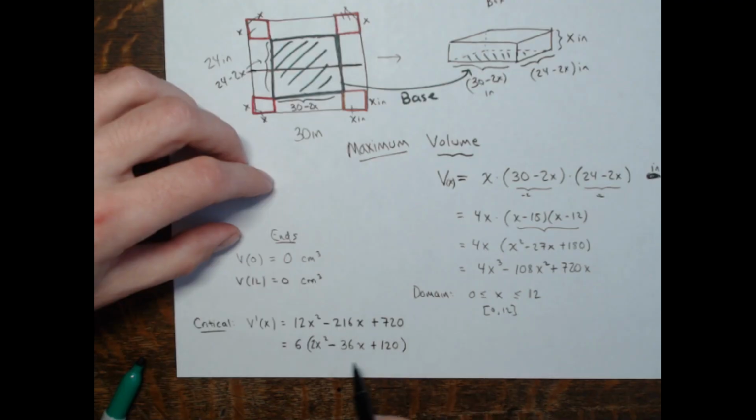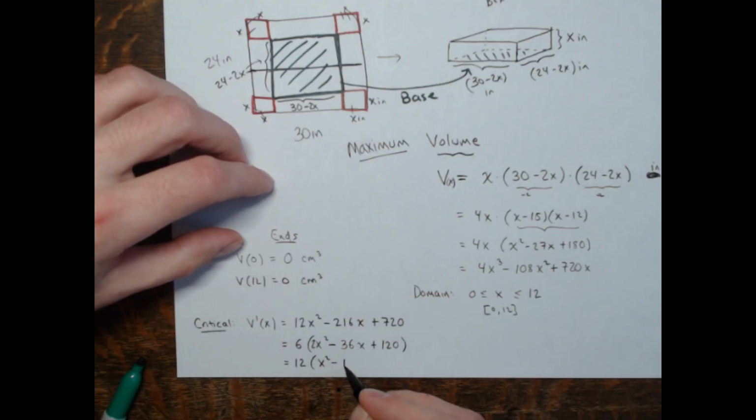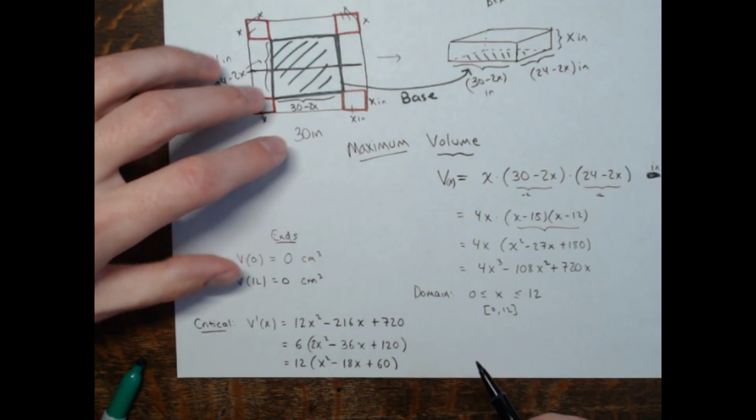So I'm going to pull out another 2 just to shrink the numbers. So that's 12 pulled out. And then if I pull out another 2 out of these, that's x squared minus 18x, and pull a 2 out of that, plus 60. Yeah, there we go. Okay.